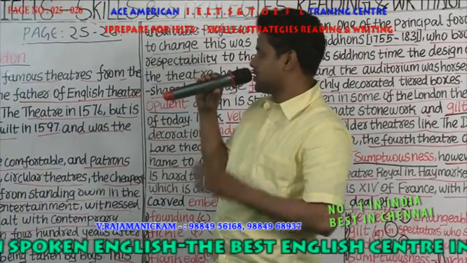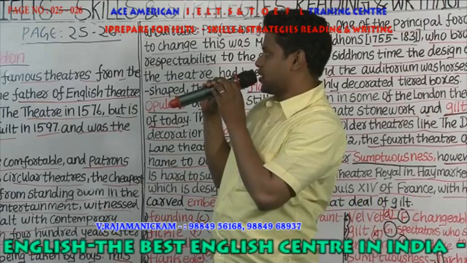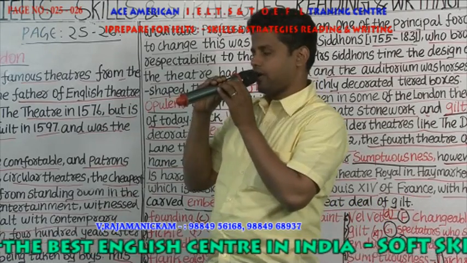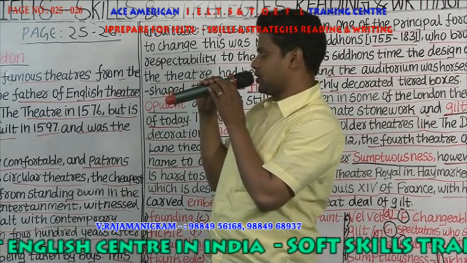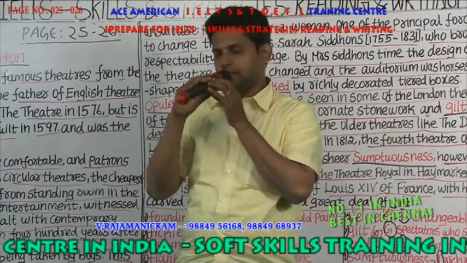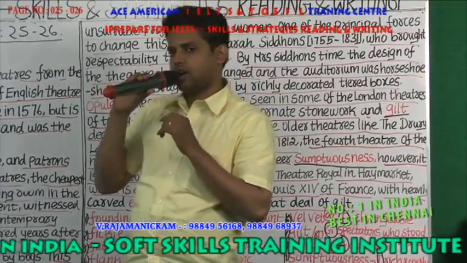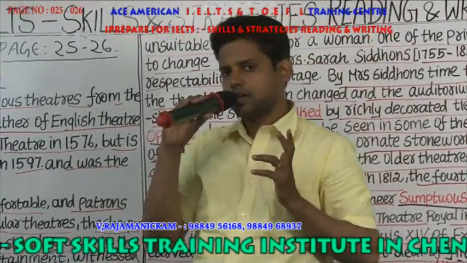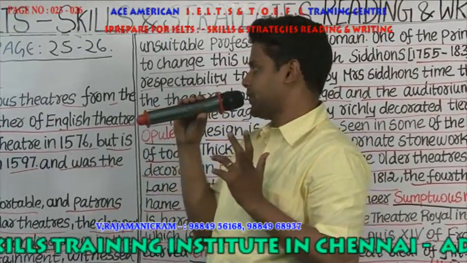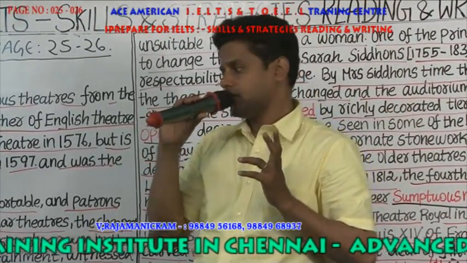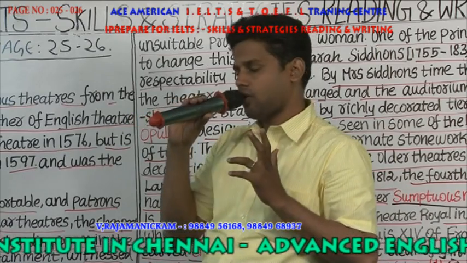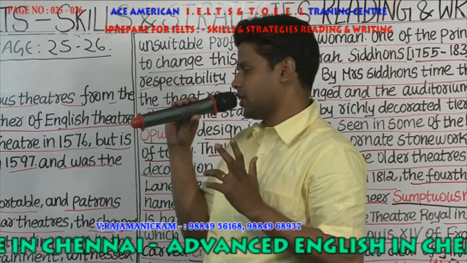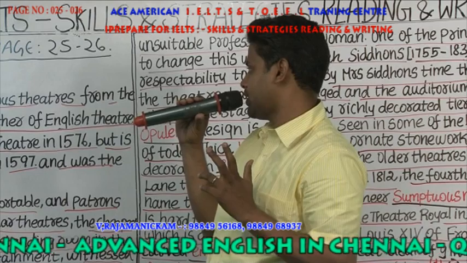This passage says, London's West End has been home of famous theatres from the time of William Shakespeare. William Shakespeare is the father of English dramas. He first started it in the name of Globe, and it was in 1597.